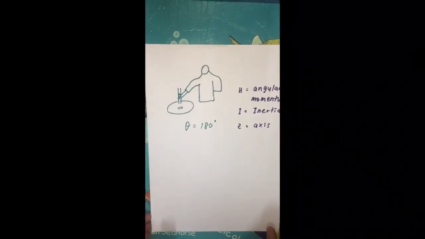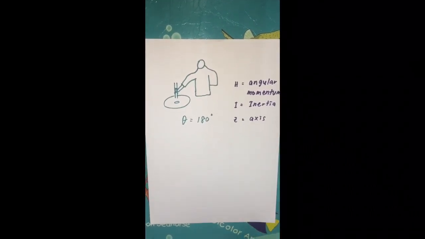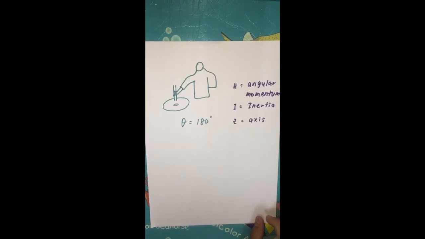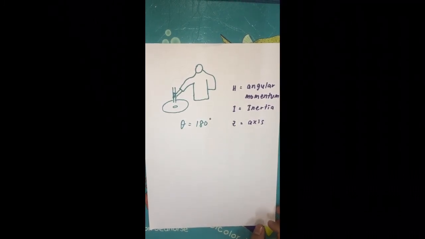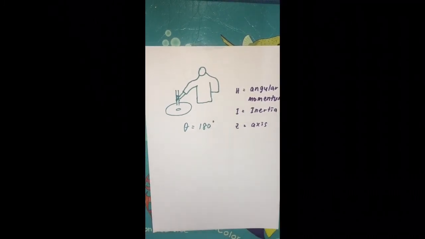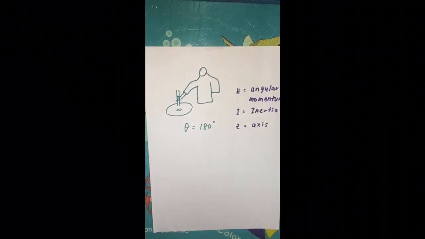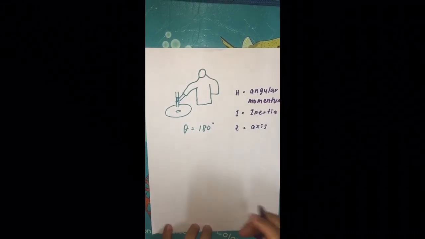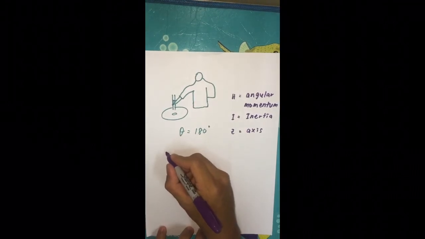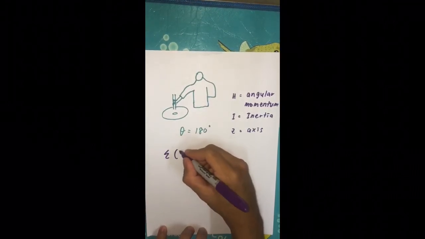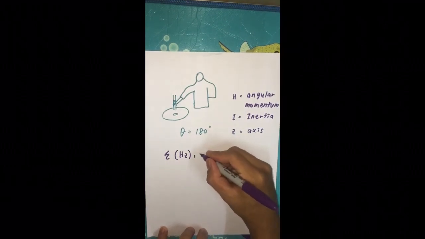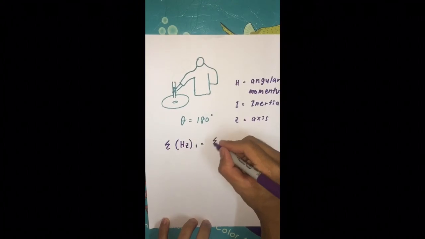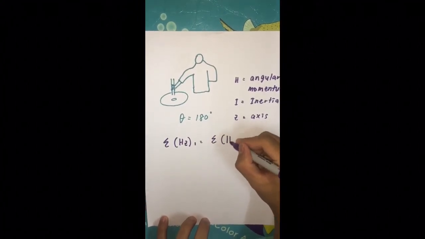For the next situation, the last situation, when he holds the wheel downward at theta equals 180 degrees. First, as usual, summation HZ1 equals summation HZ2.